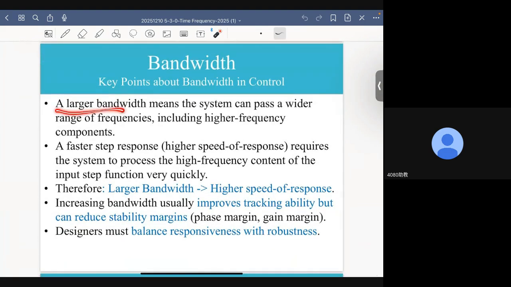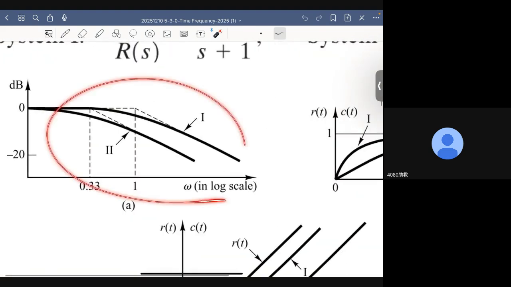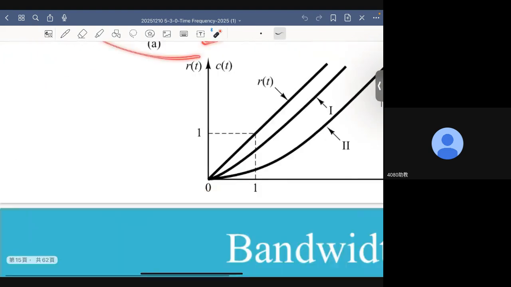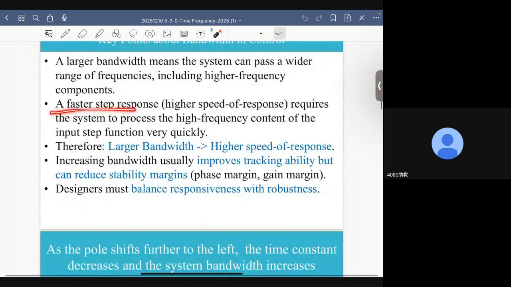So a larger bandwidth, from the above observations, means that the system can pass a wide range of frequencies, including high frequency components. That is exactly what we have in this figure. A fast response, that is higher speed of response, requires the system to process high frequency content of the input function very quickly.